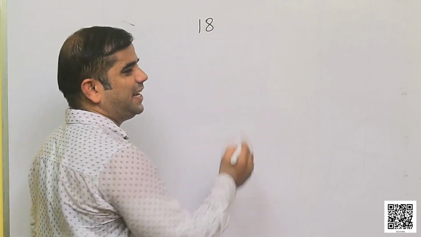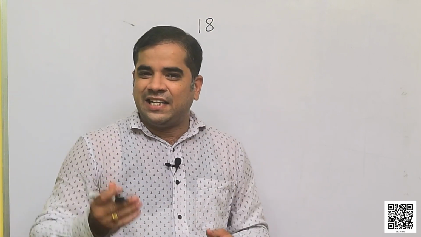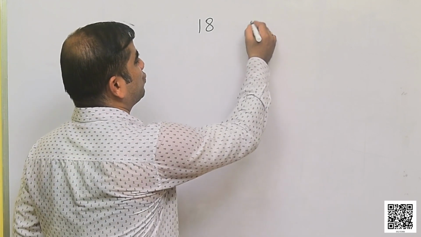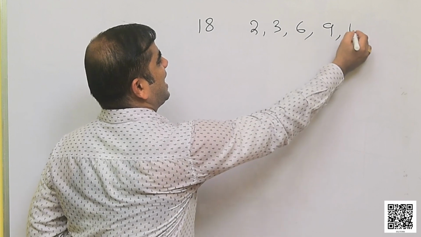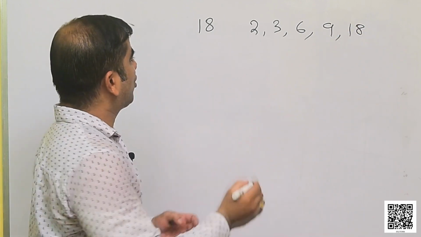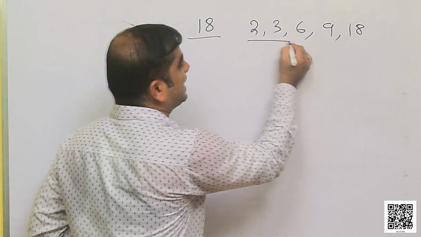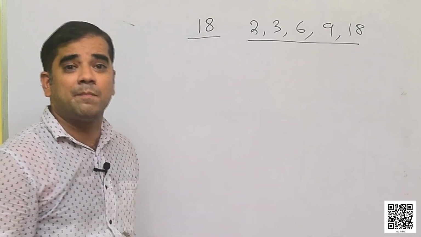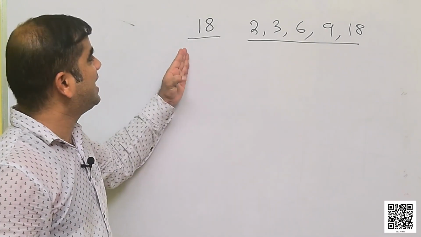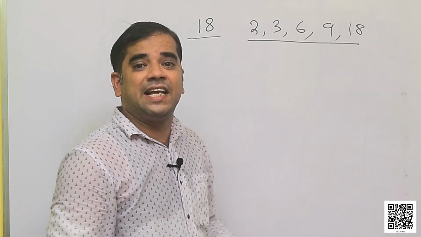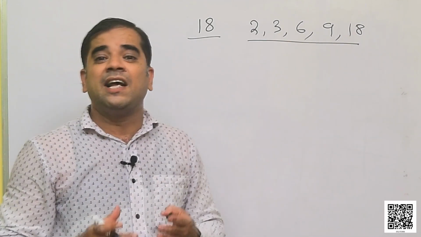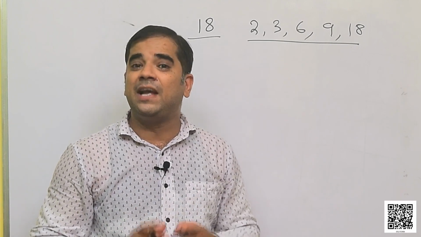See, I say that these bangles can be arranged in the groups of 2, 3, 6, 9, 18. Why so? Because 18 is completely divisible by all these numbers. So when I divide 18 by 2, 3, 6, 9, 18, they give me remainder 0. So no bangles will be left.